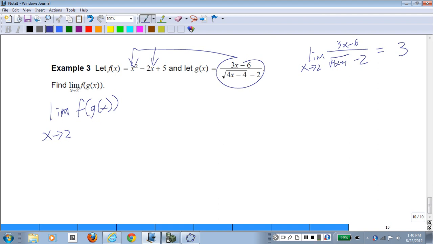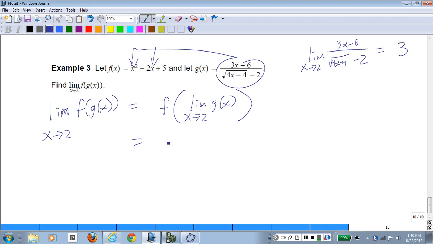But if we know that the limit of g of x as x approaches 2 actually exists and equals 3, we can apply this theorem. Because f is a continuous function, a polynomial, so it's a really well-behaved function, we can pass the function f through the limit and say this is f of the limit of g of x as x approaches 2.